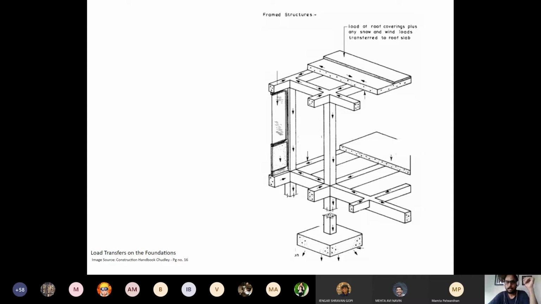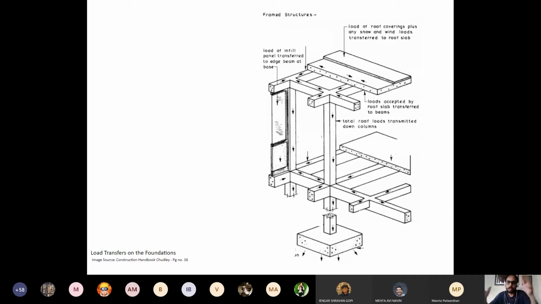From the slab, the loads are then transferred to the beams below. From there, the loads of the infill panels, whether brick, wood frame or window, get transferred down to the beams at the base.